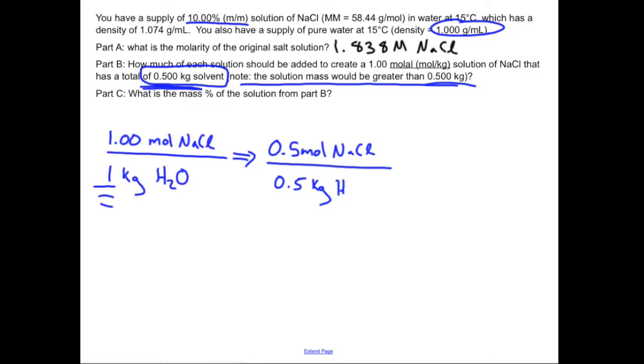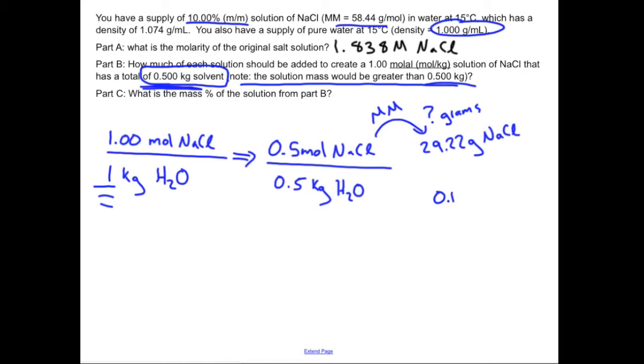So what I'm going to do is use the molar mass here to get at the number of grams. Well, there was my molar mass from before, so I just need half of that number. So 58.44 divided by 2 is 29.22 grams of NaCl. How do I get a hold of that many grams?